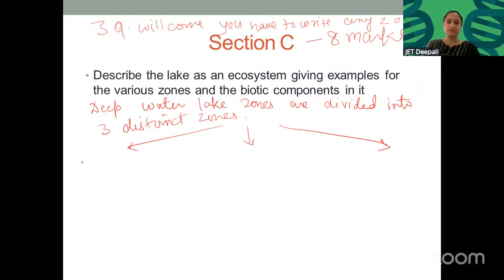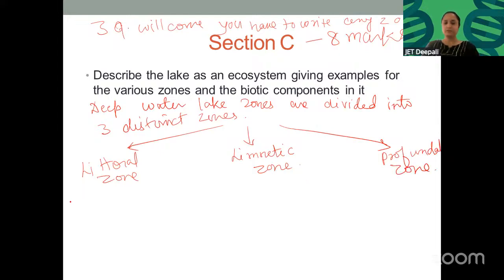First is the littoral zone. Second comes the limnetic zone. Third is the profundal zone. Sorry, it's not second. Now let's talk about what the littoral zone is. These 3 zones are the kinds of ecosystems that the lake is divided into.